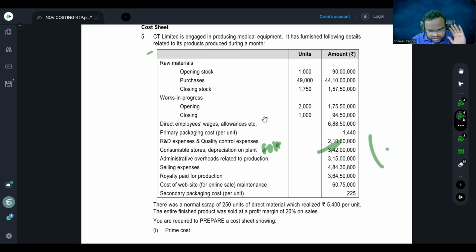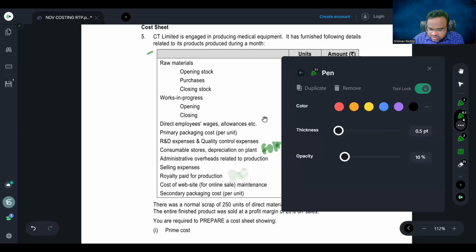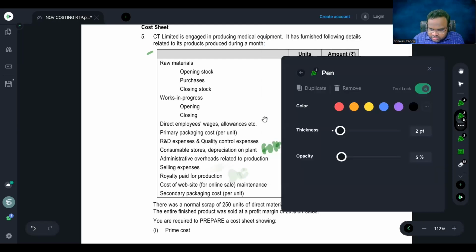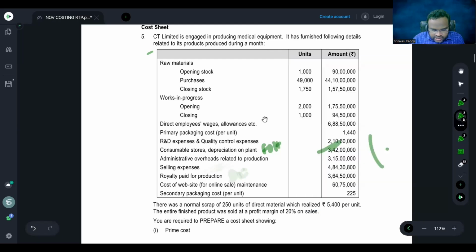Selling expenses are part of cost of sales. Royalty paid for production, this is very important, is called direct expenses.